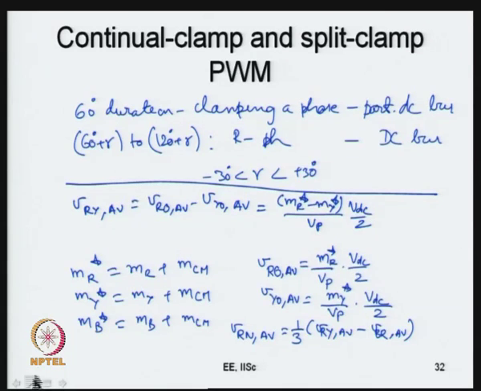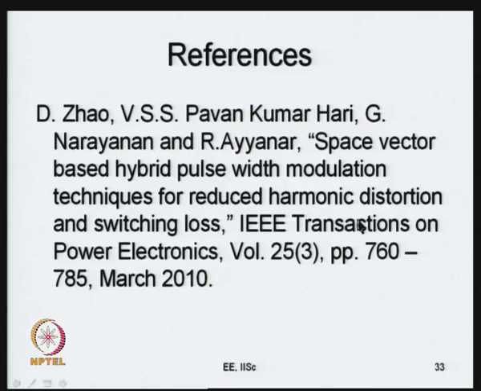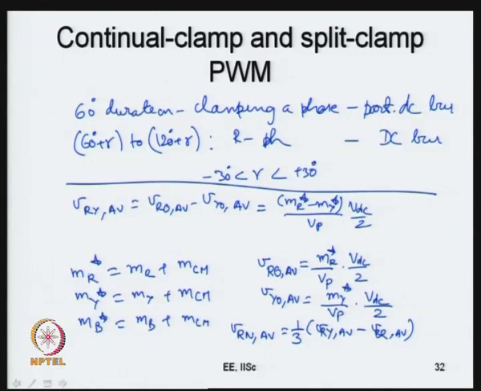MR star is MR plus MCM, MY star is MY plus MCM. So, MCM gets cancelled here. What happens is simply MR minus MY. So, this is just MR minus MY divided by Vp times Vdc by 2.